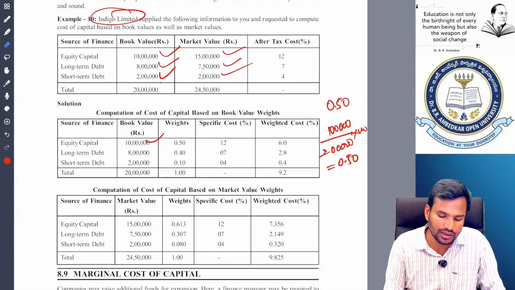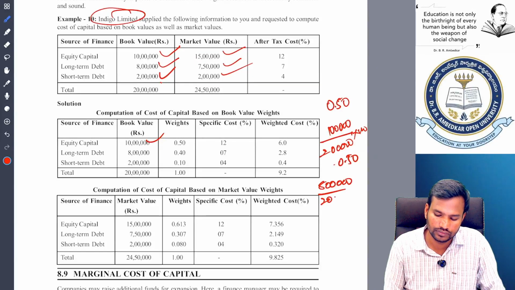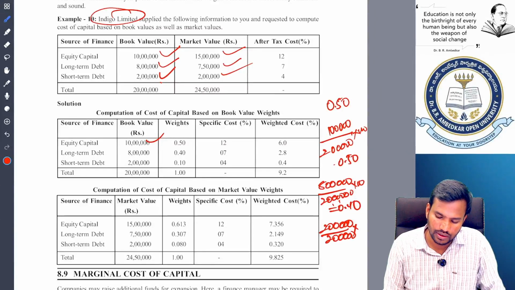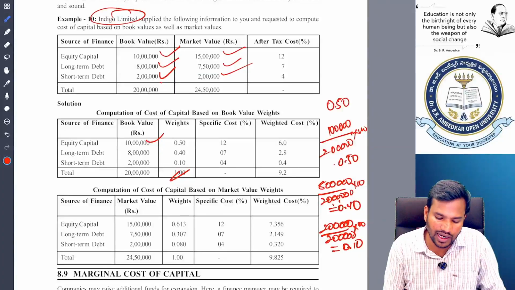And how does 0.40 come? 8 lakhs divided by 20 lakhs into 100, then 0.40. And 2 lakhs divided by 20 lakhs into 100 is 0.10. Overall 1.